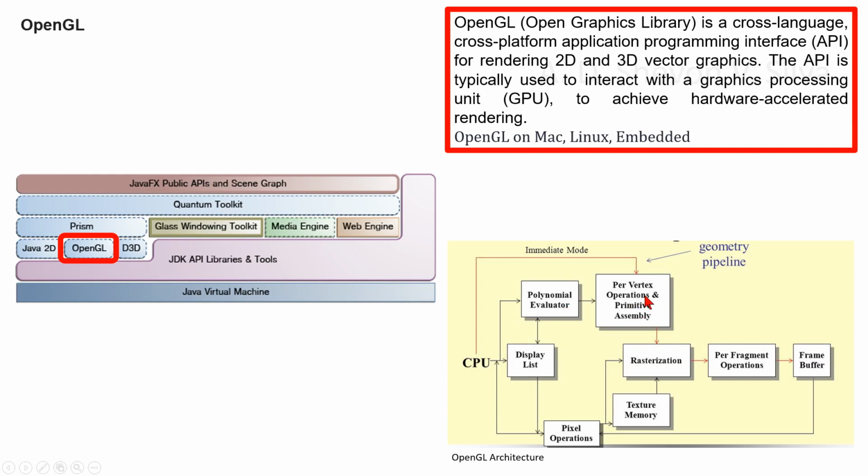Per vertex operations and primitive assembly is connected to rasterization. Display list is connected to pixel operations.